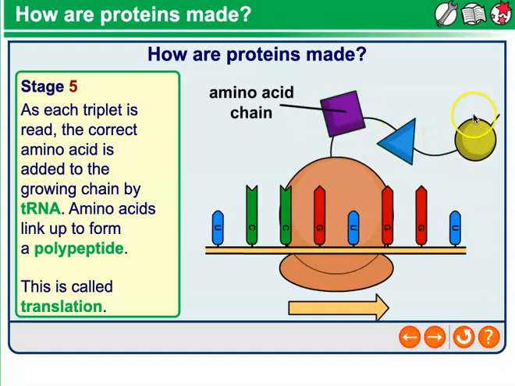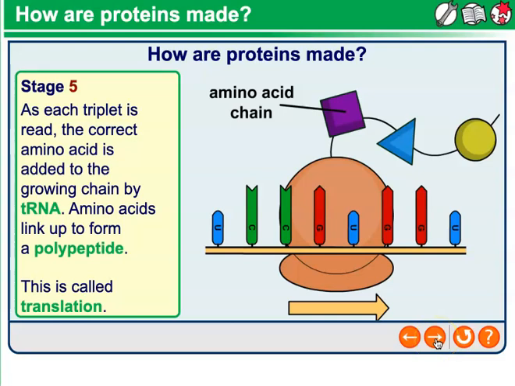Here's our polypeptide chain. One amino acid is assembled, another one is assembled after, and then another is assembled after. This is called translation. We are translating the information in the mRNA, and it is being turned into a polypeptide chain of a number of different types of amino acids.